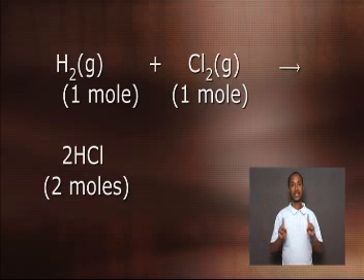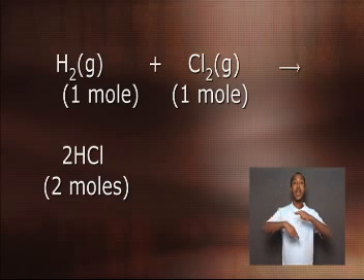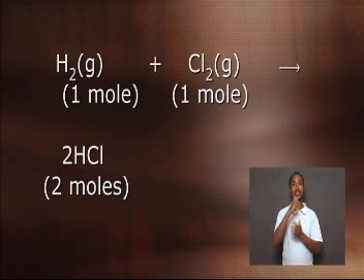However, if 1 mole of hydrogen were to react with 1.5 moles of chlorine, there would not be enough hydrogen to react with all of the chlorine. There would be an excess of chlorine, and hydrogen would be the limiting reactant.